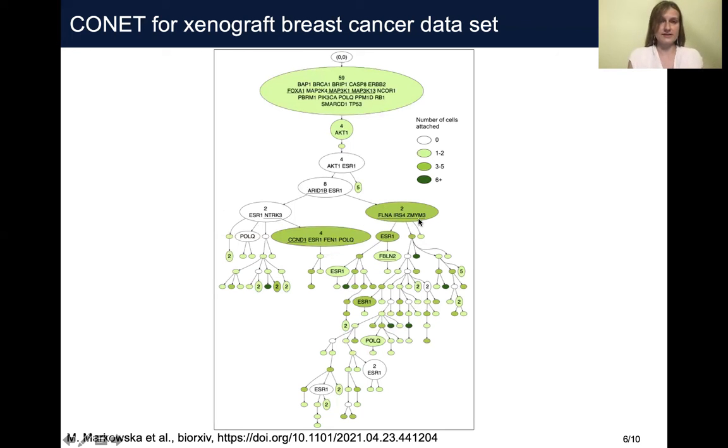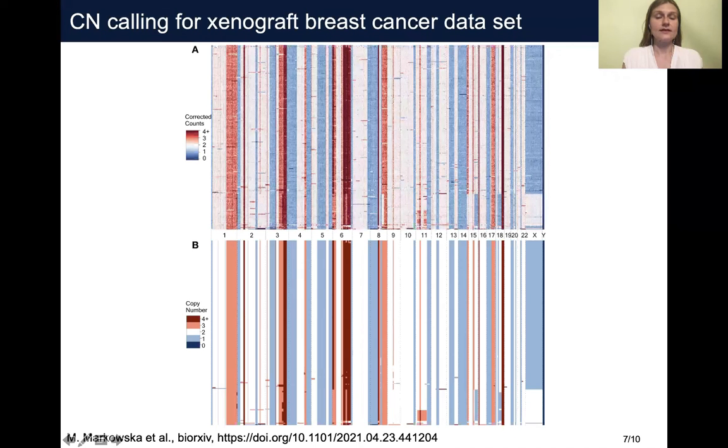In this slide, we can observe excellent performance of our model in its second task, that is copy number calling for the same breast cancer dataset. The upper heat map is illustrating the corrected counts for this biological dataset, and the lower heat map is illustrating the copy numbers inferred by our model.